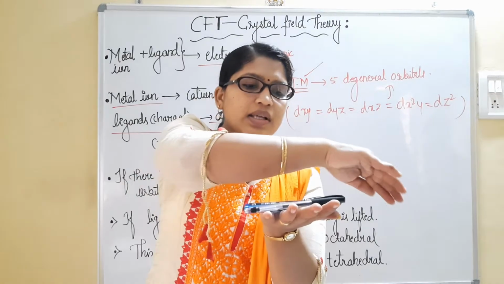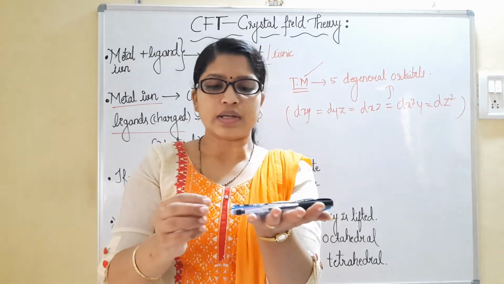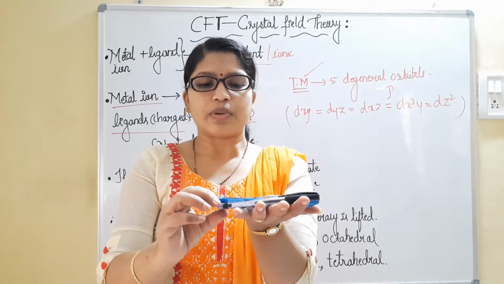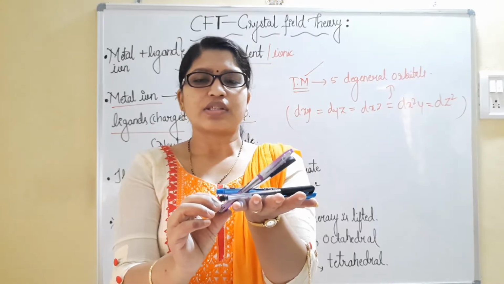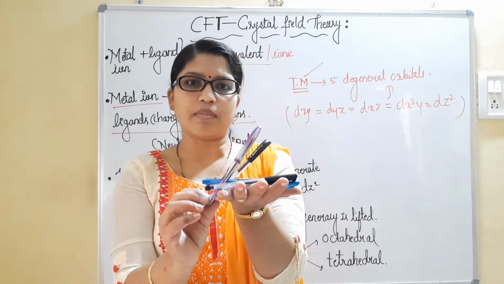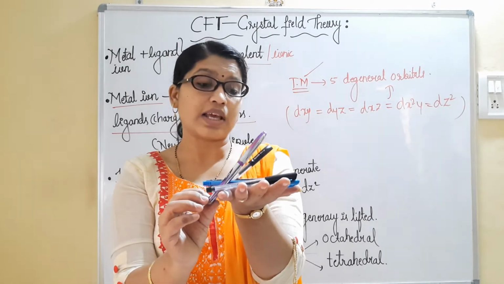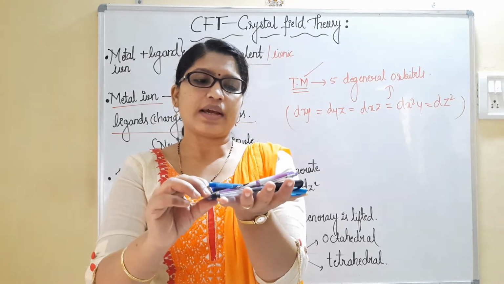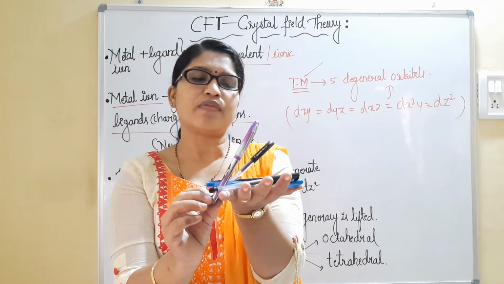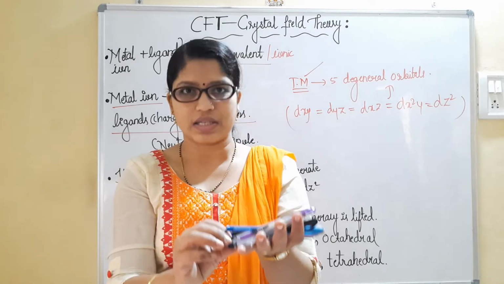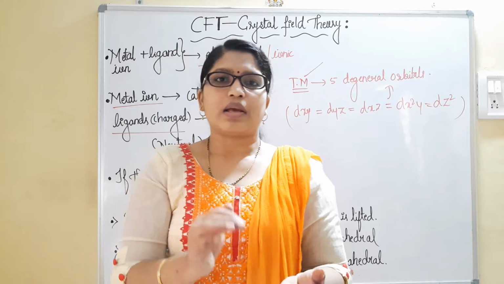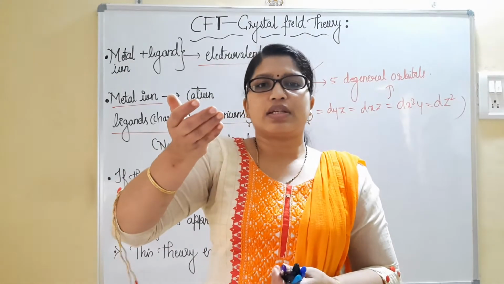As soon as the ligands approach here, the degeneracy is going to be lifted. This means some of the orbitals will come up and some of the orbitals remain in the same place. This is nothing but lifting of degeneracy.